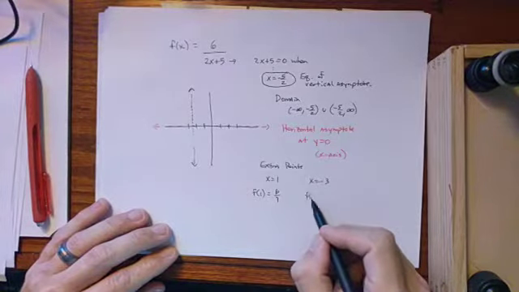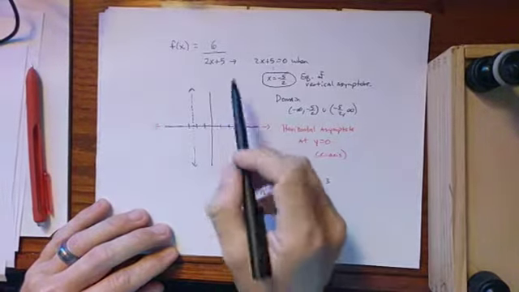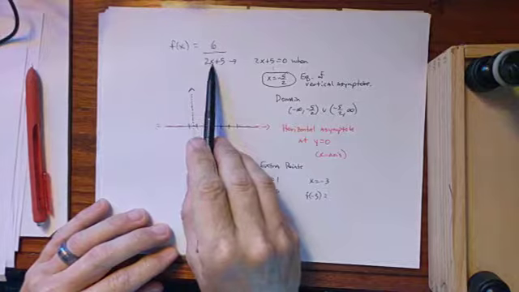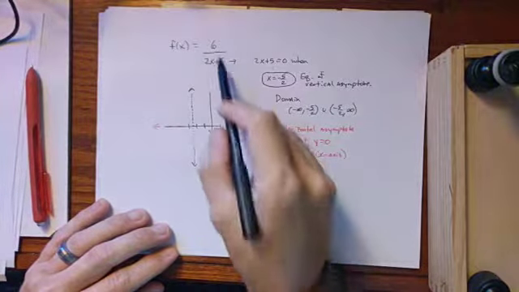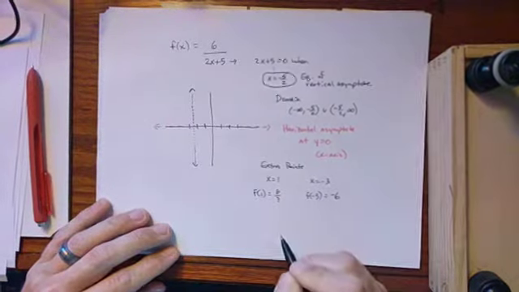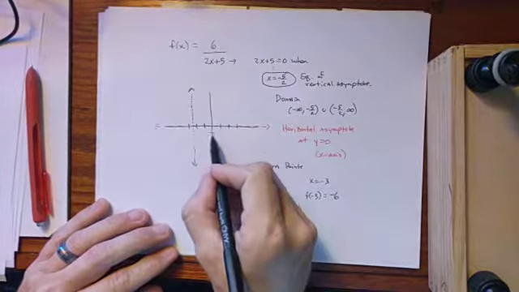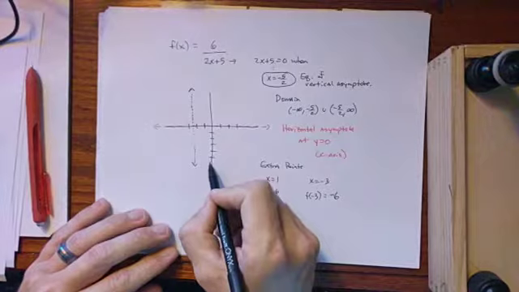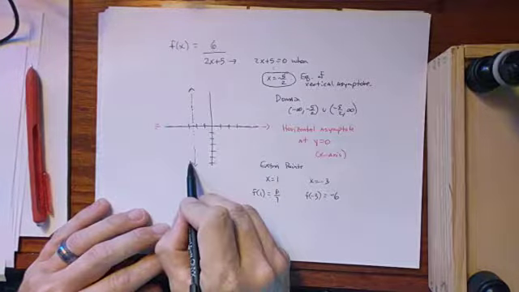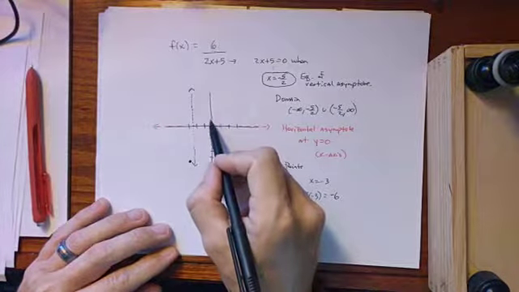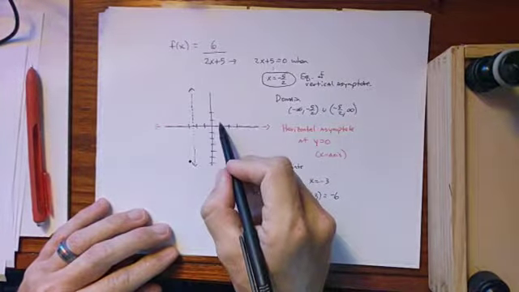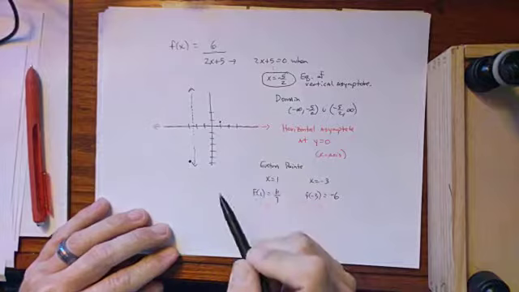And when x is negative 3, let's see, 2 times negative 3 is negative 6, plus 5 is negative 1. 6 divided by negative 1 is negative 6, right? So if we drew the graph of these 2 points, we have negative 3, negative 6, which is right there. And then we have 1 and 6/7, which is just a tad under positive 1, right?